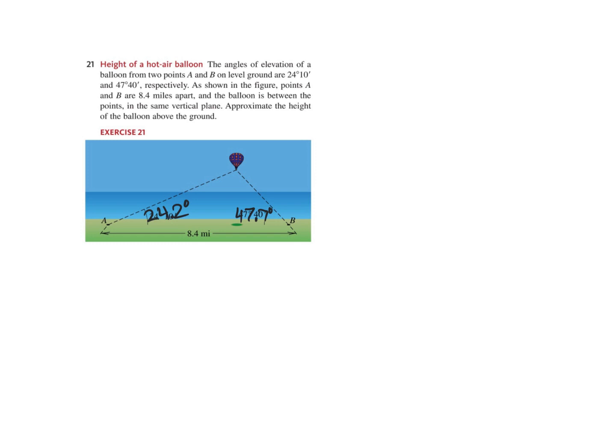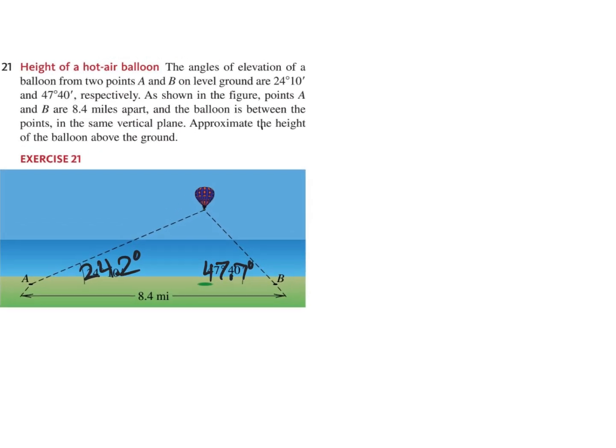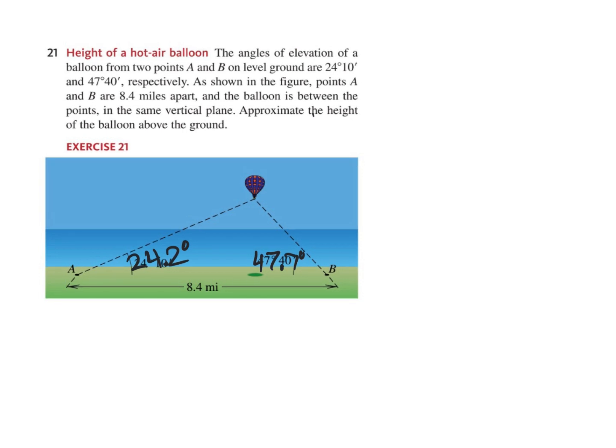All right, so now what I'll do is, let's blow this up just a little bit. And we're going to drop a point down here, okay? Make it a 90-degree angle. But we ought to get this whole angle here. So 180 minus 47.7 minus the 24.2 gives me 108.1 degrees.